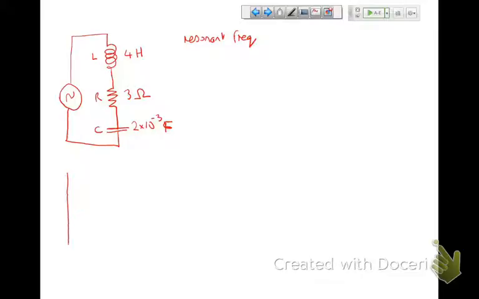If this is resistance, I should really say ohms, because it's resistance or reactance, and this here is frequency.